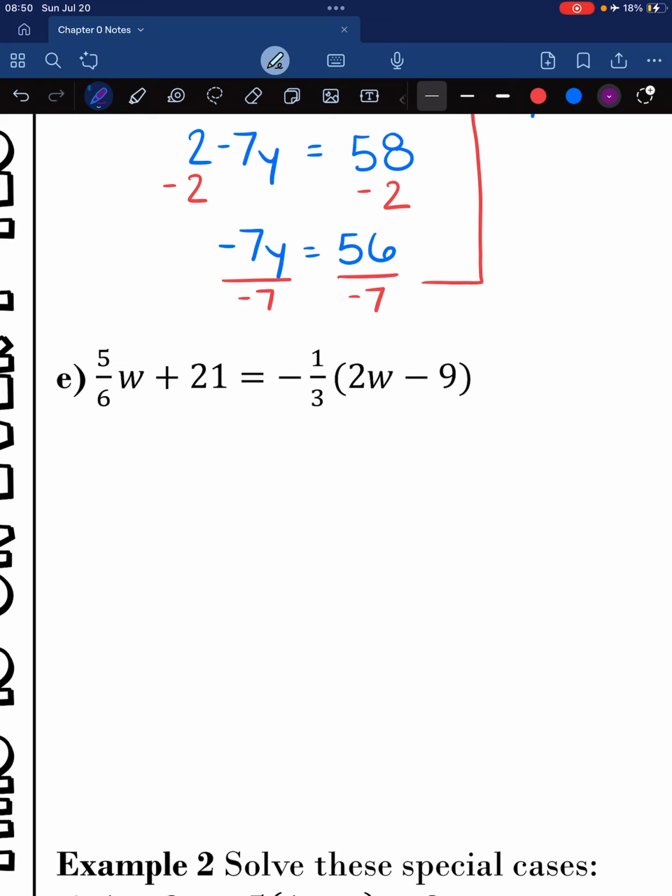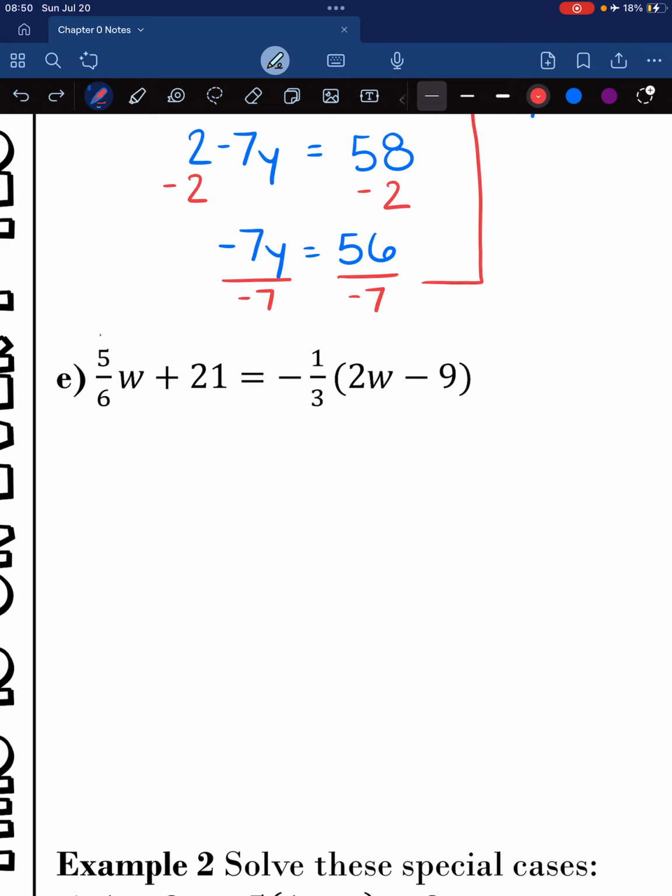Alrighty. Ooh, fun trick for E. So we can see a lot going on here. And what I want to do, I don't really love working with fractions. So what I can choose to do is look at the fractions that I have, and if I multiply every single term by the least common denominator, and it looks like the least common denominator here is going to be 6.